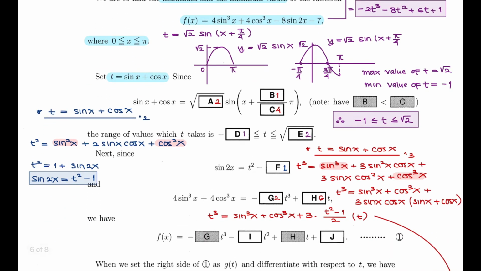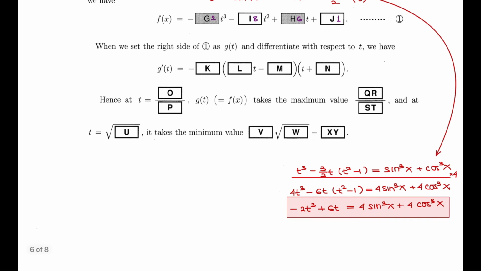This is our function in terms of t. So g is 2, like the previous one. I is negative 8. And then h is 6, like the previous one. And then j is 1. This is our f of x.